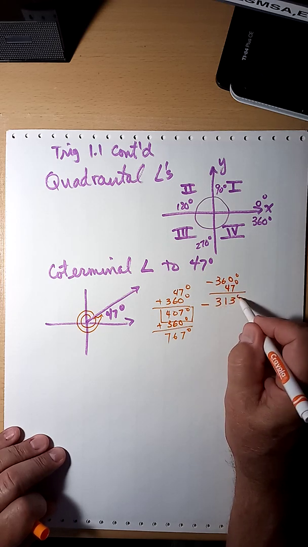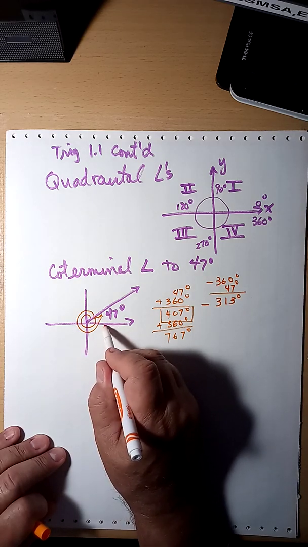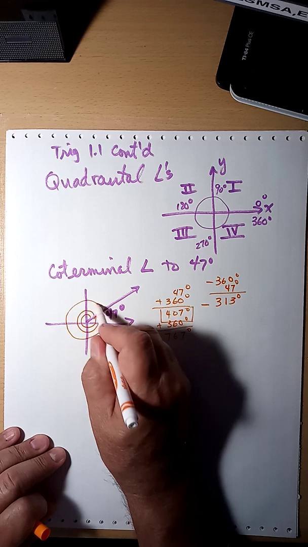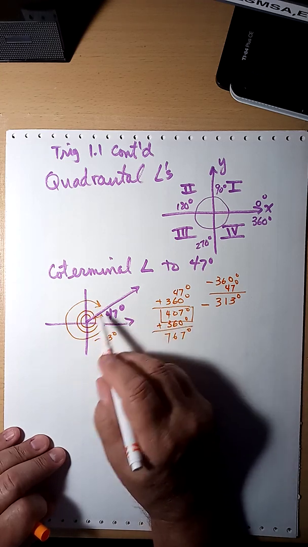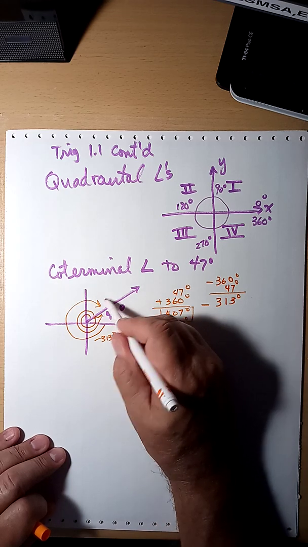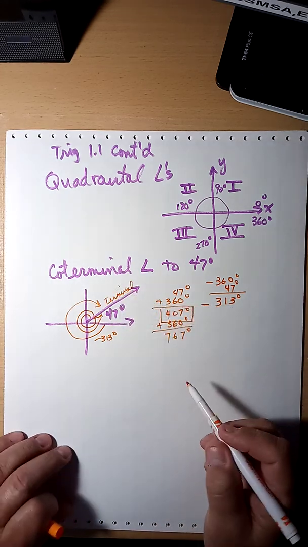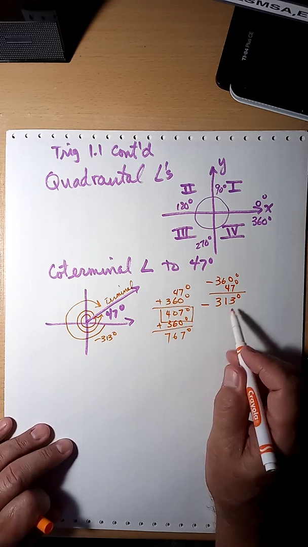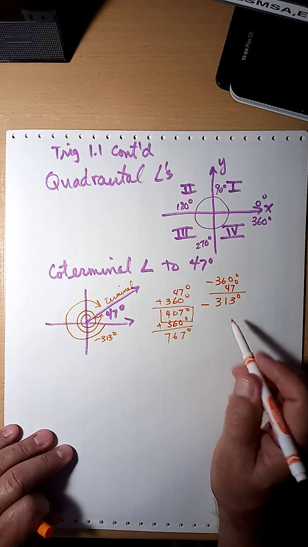So 313 degrees. If we went negative 313 degrees, we would get to that same terminal side, coterminal. All of these we can find by continuing to add or subtract 360 degrees.